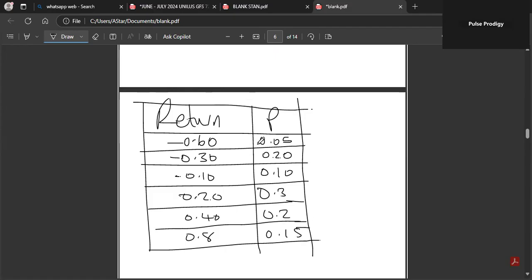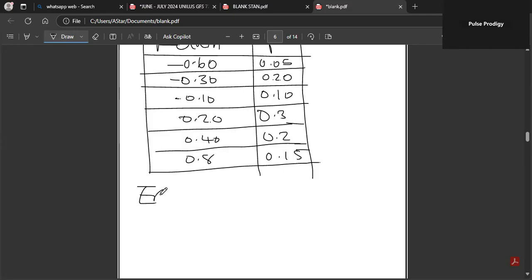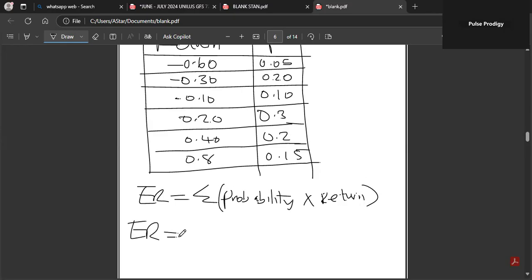So what are we getting now? Expected return is equal to summation of probability multiplied by the return. So expected return is equal to what?